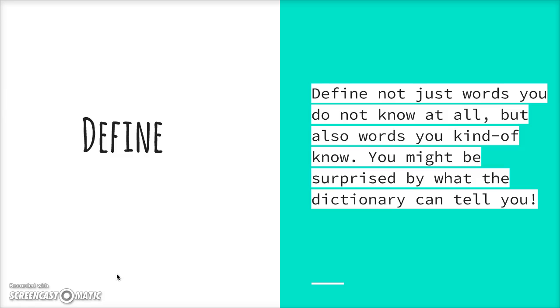But poets are so specific in their word choice that you really benefit from just going ahead, typing it in the dictionary, and seeing what you can find out about the words that you sort of kind of know. Because poets are really clever and they're using these words very, very specifically, and they are keenly aware of the very specific dictionary definition of that word. So look it up, see what you can find out.